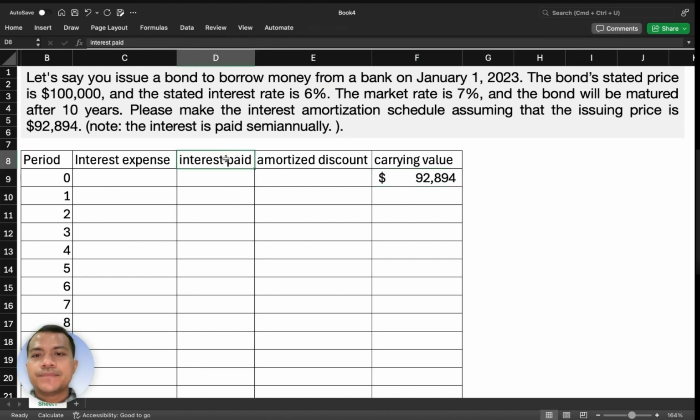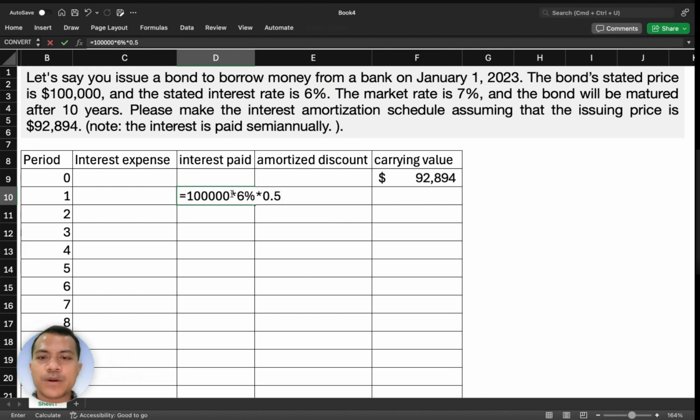I prefer to finish the interest paid column first. The amount of interest that you pay to your bank is based on what you promised, or what you state on your bond. First, you input the stated price, which is 100,000 in this situation, multiply it by the stated interest rate, which is 6%, and then multiply by half because you pay the interest semi-annually, every 6 months.